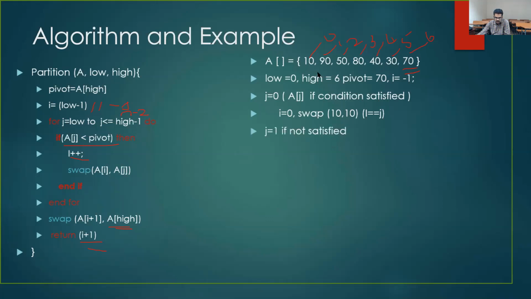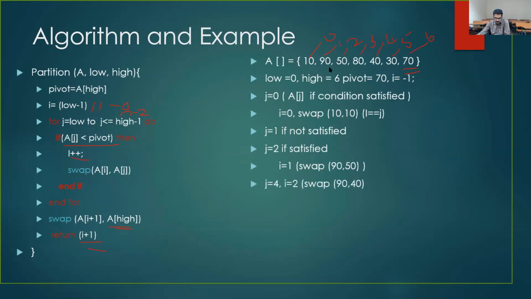When j equals 1, that is 90, 90 is not less than the pivot element, so the condition is not satisfied. For j equal to 2, it is satisfied. The current value of I is 0, so you increment I by 1, then swap A1 and A2, because j is 2 and I is 1. Swap 90 and 50.